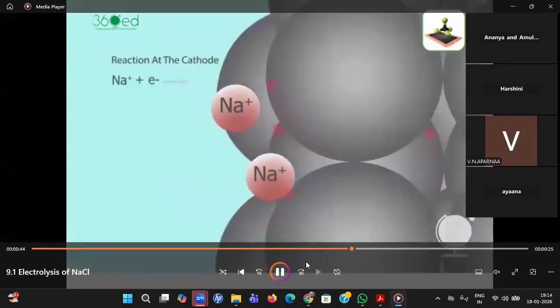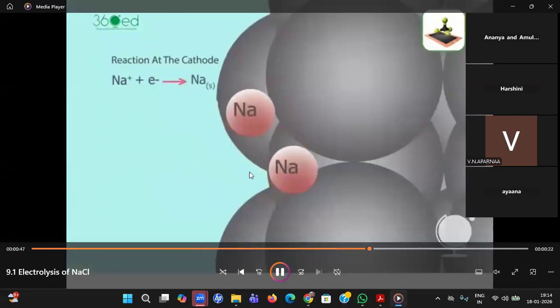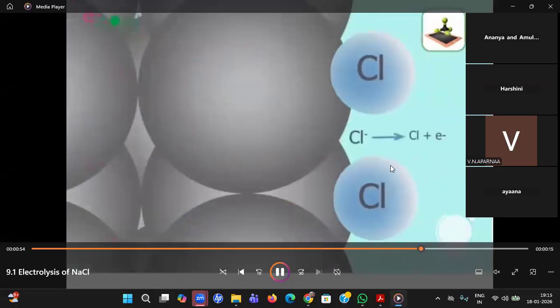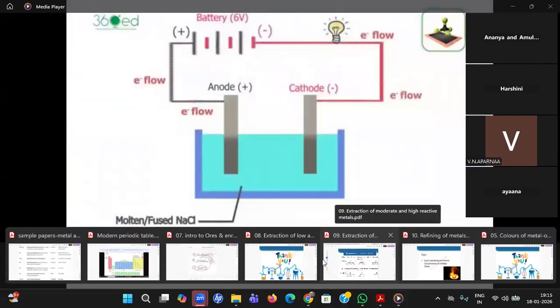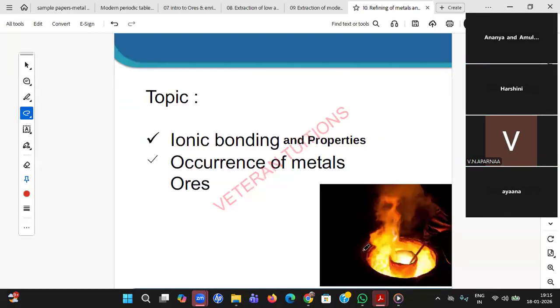So like Na has become a Na atom, the Cl minus ion will go and give one extra electron from its atom to the anode. That electron went inside that particular anode. In that way, you are getting chlorine gas. Chlorine can't be alone; chlorine is a diatomic molecule, so chlorine gas. You need to write these two things in your exam, students.